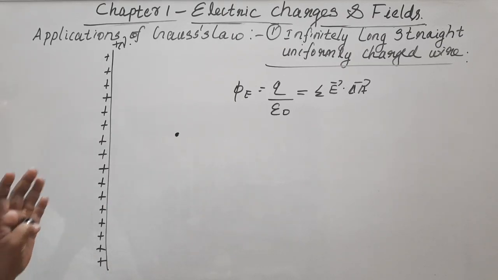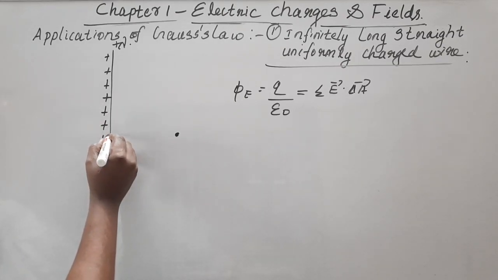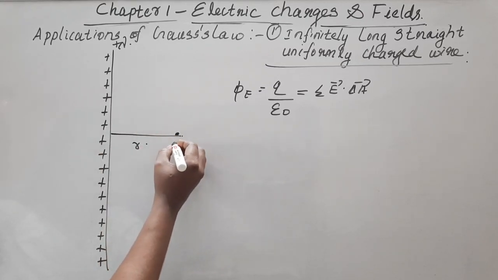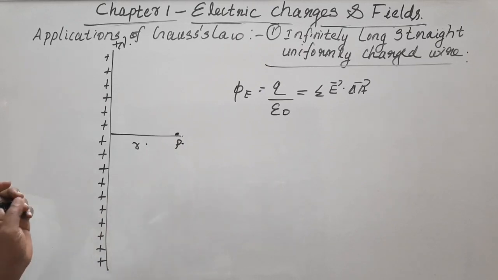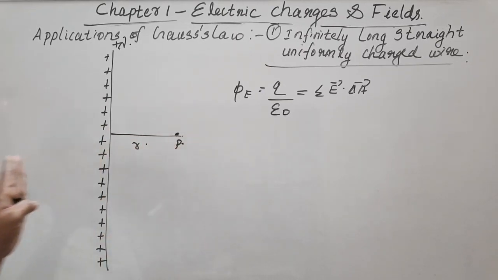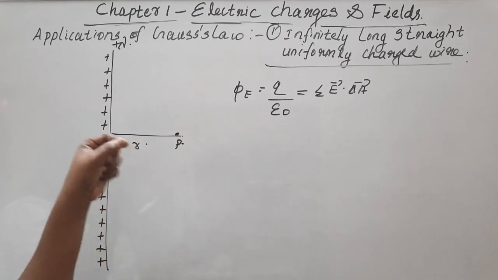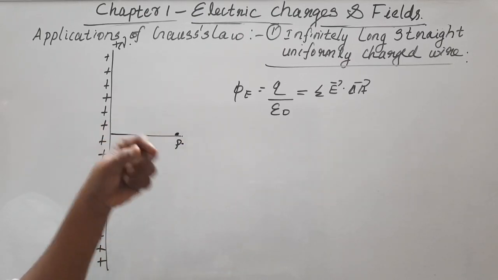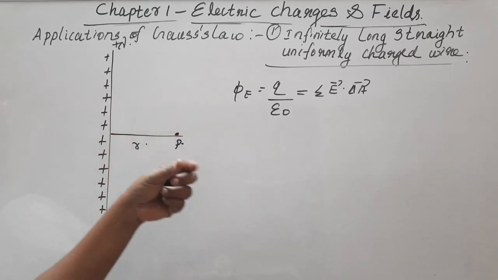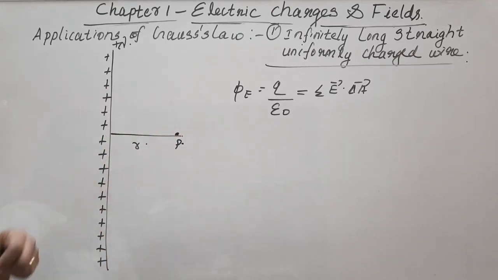So the thing is this, if we consider a point P like this, that is at a distance R from the wire. So this is point P. If we imagine a chord there and move that outer point, it will be a circle.